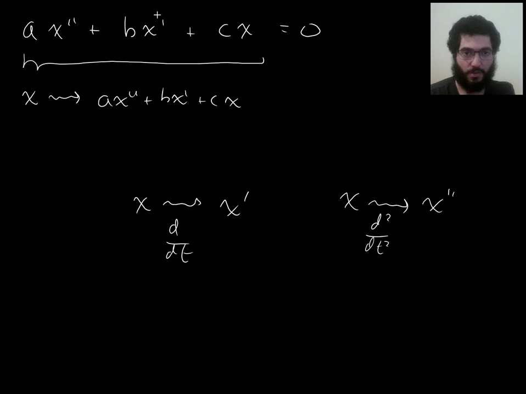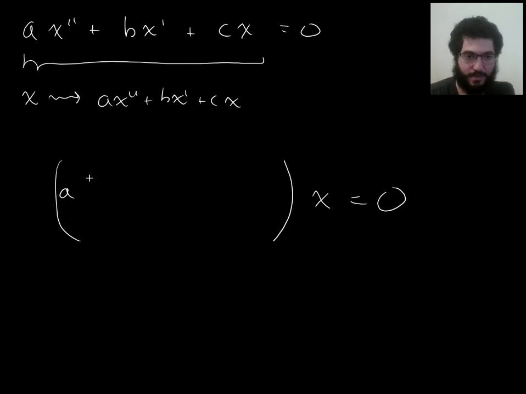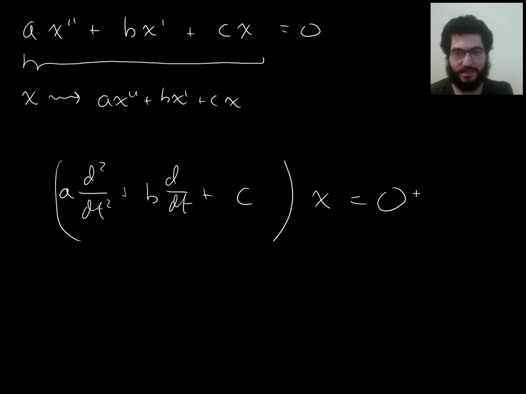So over here, with this complicated thing, what's happening to x? If I want to write this differential equation as some operator applied to x equals 0, what is that operator? It is a times the second derivative operator plus b times the derivative operator plus c. So this operation on x equals 0. That's the differential equation.